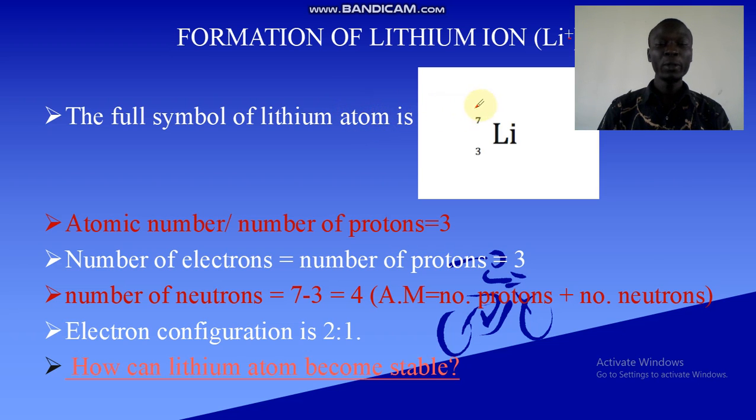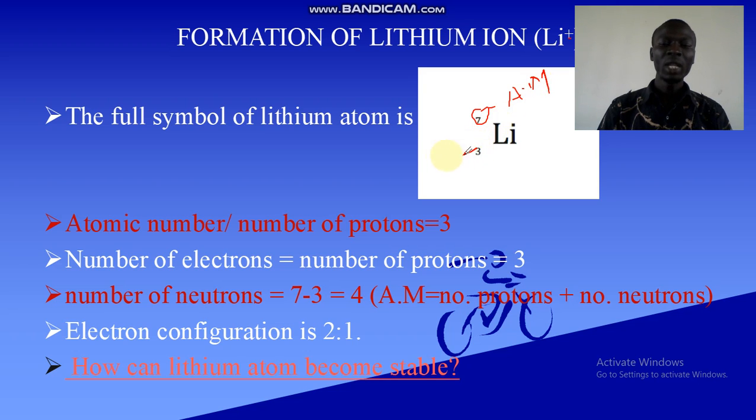Now we have the full symbol of lithium here, which is capital L and lowercase i. On the top left-hand corner, we have 7. This 7 represents atomic mass. Always when you see the symbol of an element, the figure on the top left-hand corner is representing atomic mass.